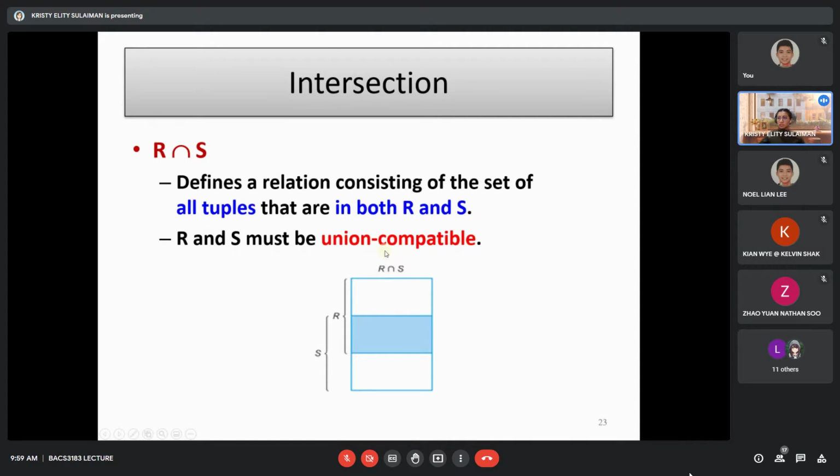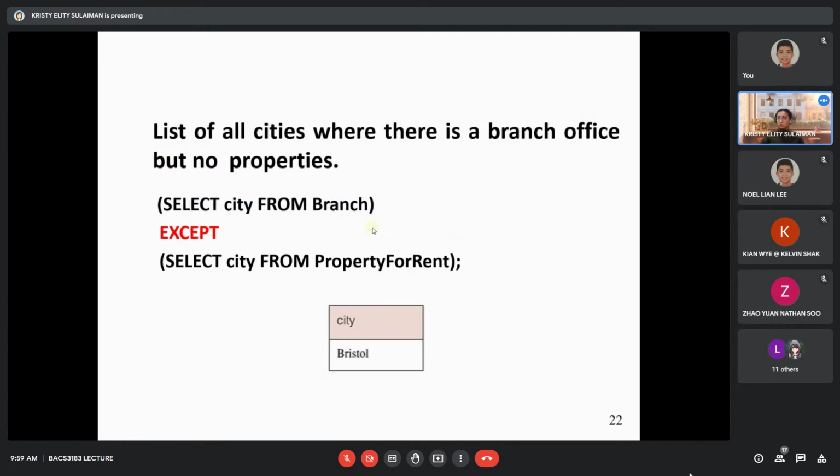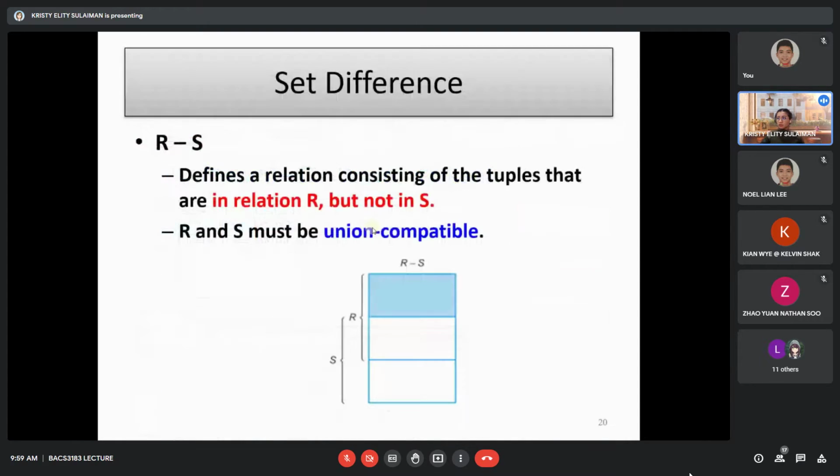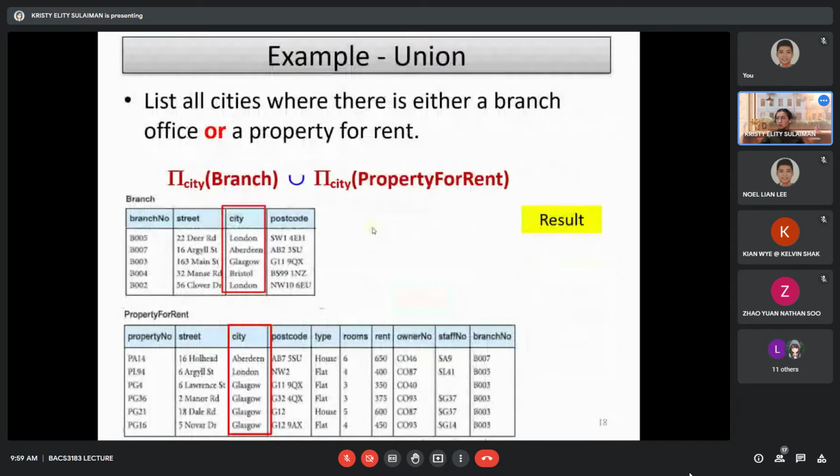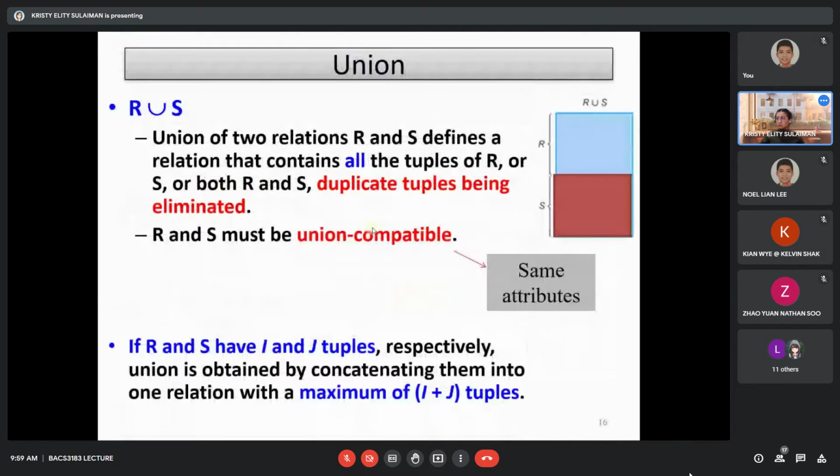So with intersection, you define a relation that consists of the set of all tuples that are in both R and S. How about union? Let's go back to union. In union, we define a relation that contains all tuples in R or S or both R and S, so it can be or, it can be and.